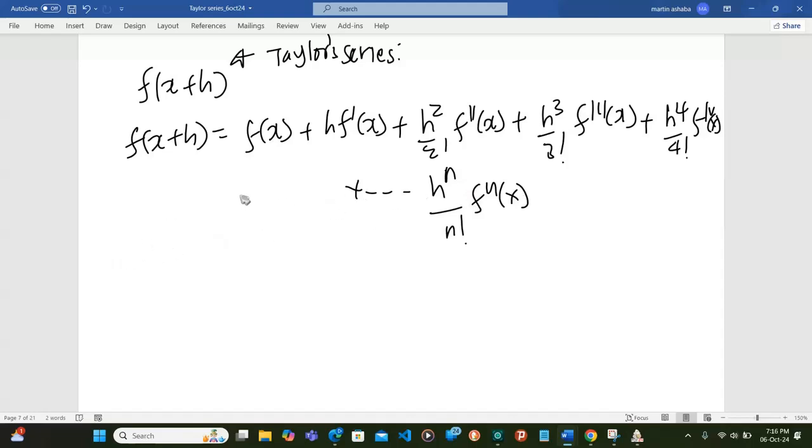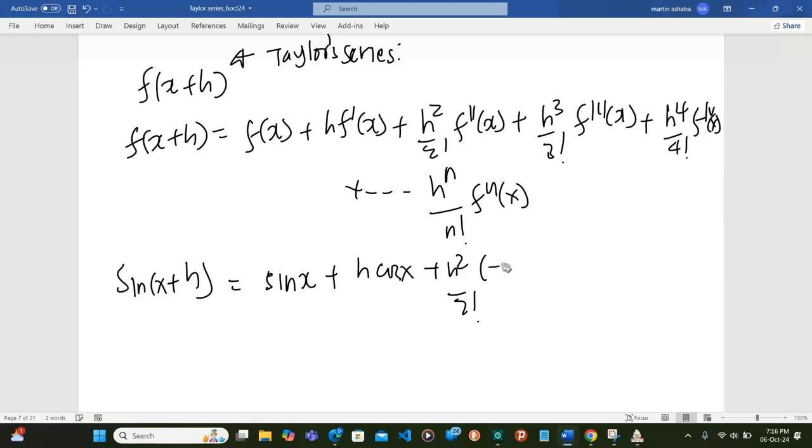So what does that mean? If you have sine of x plus h, this is going to be sine of x plus, obviously, h times the first derivative of sine, which is cos x, plus h squared divided by 2 factorial times the second derivative of f of x, which becomes negative sine x.